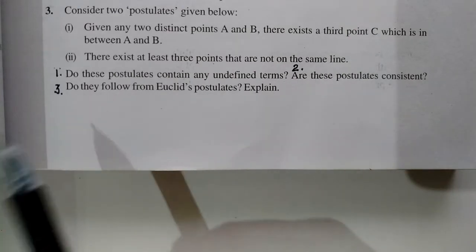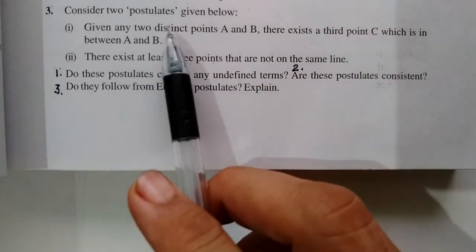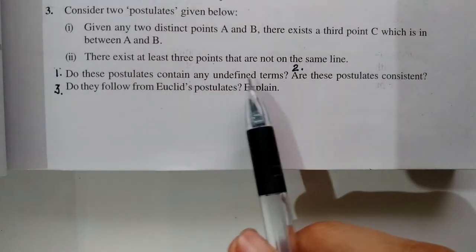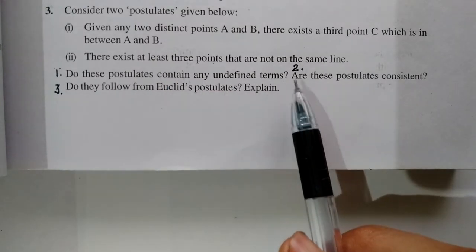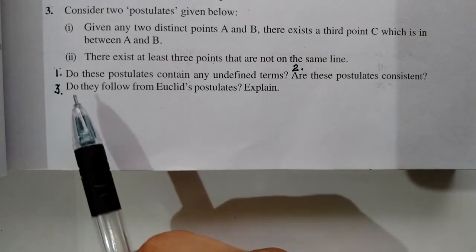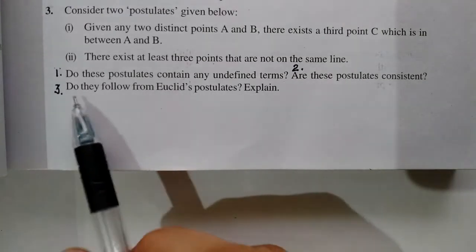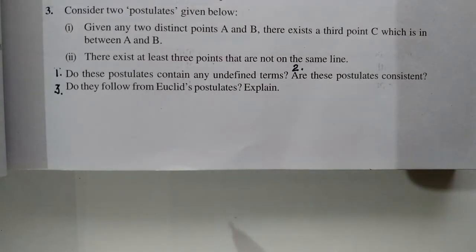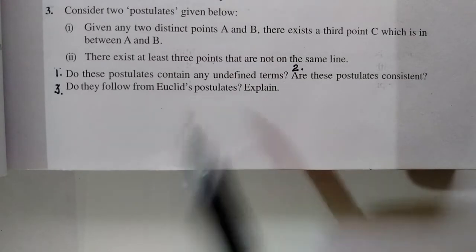Now we have 3 questions, children, based on these two postulates. First question, do these postulates contain any undefined terms? Second, are these postulates consistent? Third question, do they follow from Euclid's postulates? Explain your answer, children.